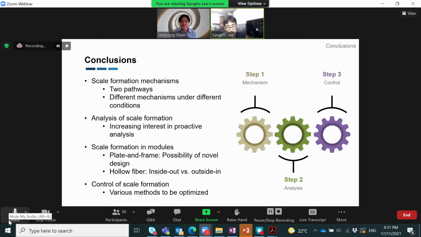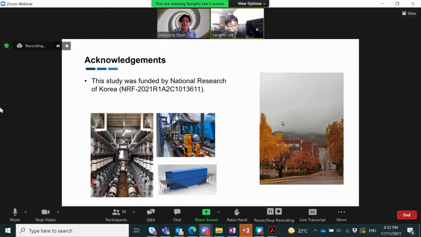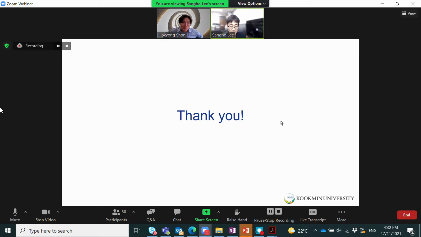We also need to work more on the design and optimization of membrane modules, because if we can successfully retard the scale formation problems in the module, we can significantly reduce the effort for controlling the scale formation outside of the membrane module. The final one, I have just quickly introduced several options for controlling the scale formation, and we need to optimize the conditions, and we also need to optimize the combination of those techniques. And that's all of my presentation. Thank you very much for your attention.